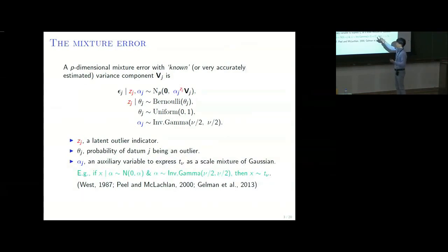Then, if we integrate out alpha, marginally this random variable x follows a T distribution with nu degrees of freedom. This is a well-known fact in statistics. The history is quite long.